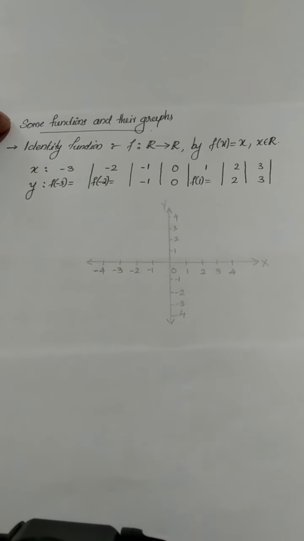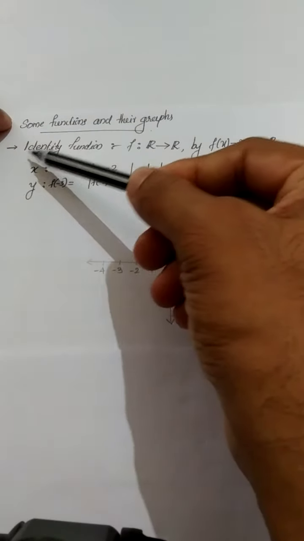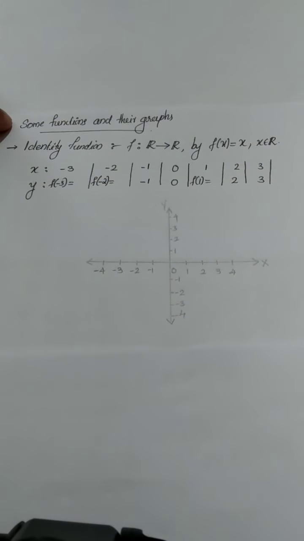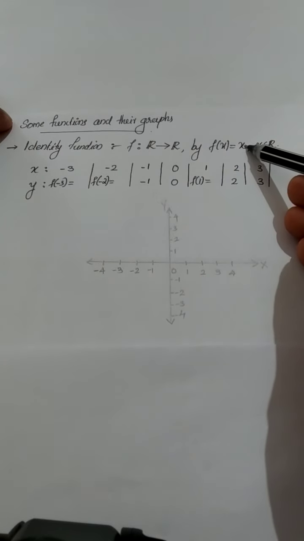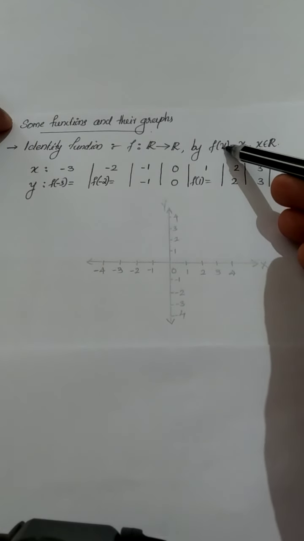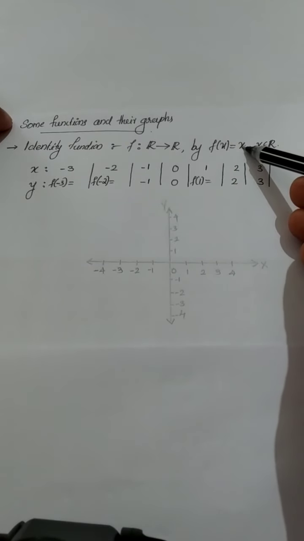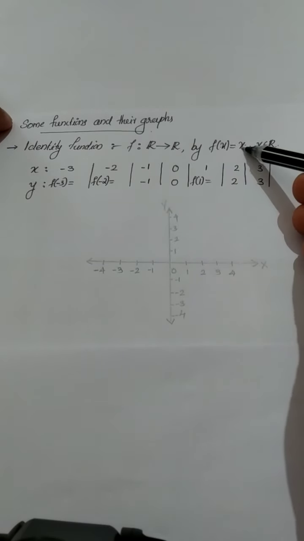So next we are dealing with graphs, how we can write the graph of some functions. So next I am dealing with the identity function. What is the identity function? f(x) equal to x, identity function. The image of x being the number itself, the x itself, is called the identity function. f(x) equal to x.